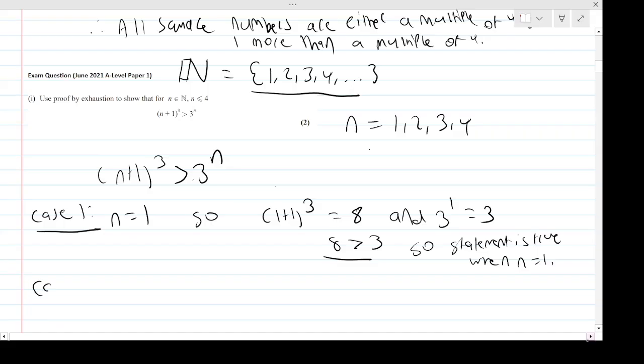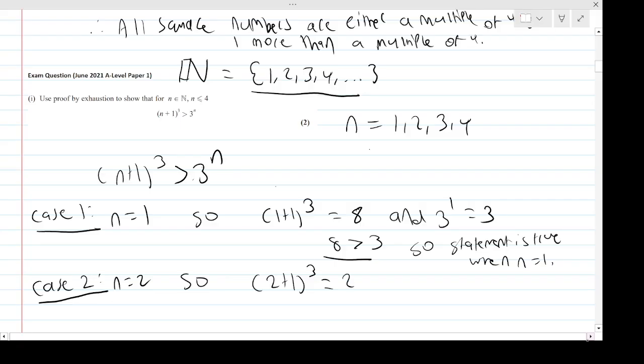Then the second case: the other number could be 2, so we're just going off the list of values here. If n is 2, then firstly (n+1) cubed is 2 plus 1 cubed, that's 3 cubed, which is 27.